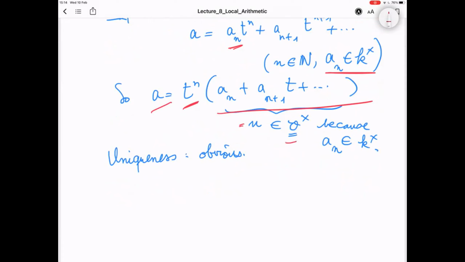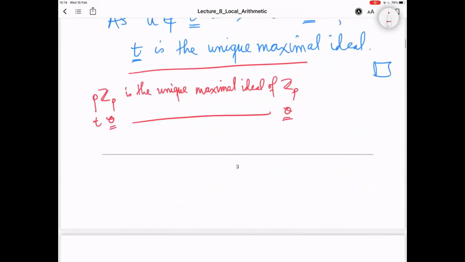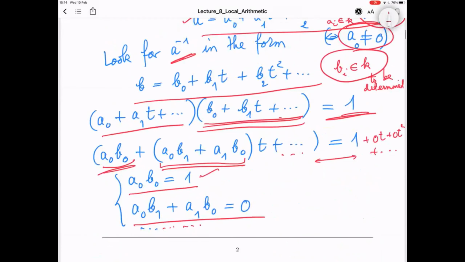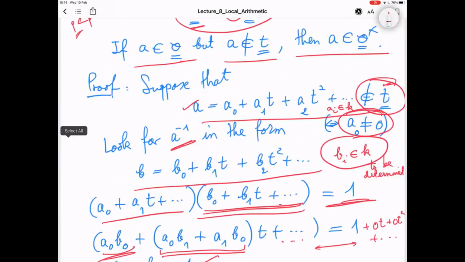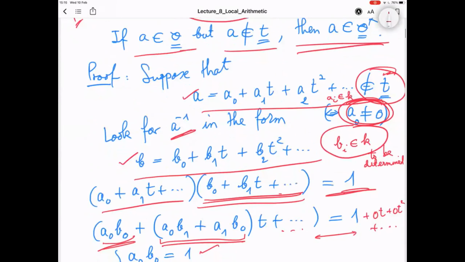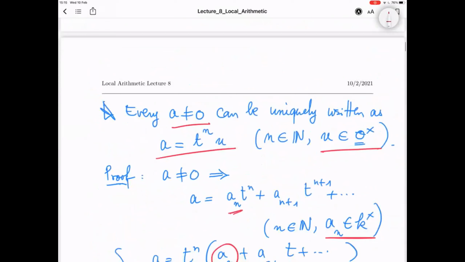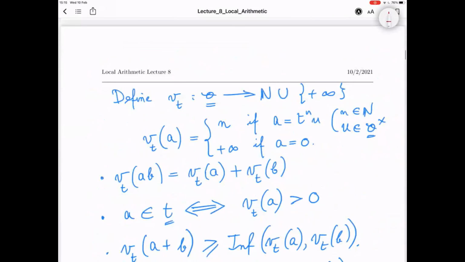It's in O star because this is non-zero. This is what we had proved here, right? If your A_0 is non-zero, then you can find this B. Then A is in the units. Okay, so how about the uniqueness?